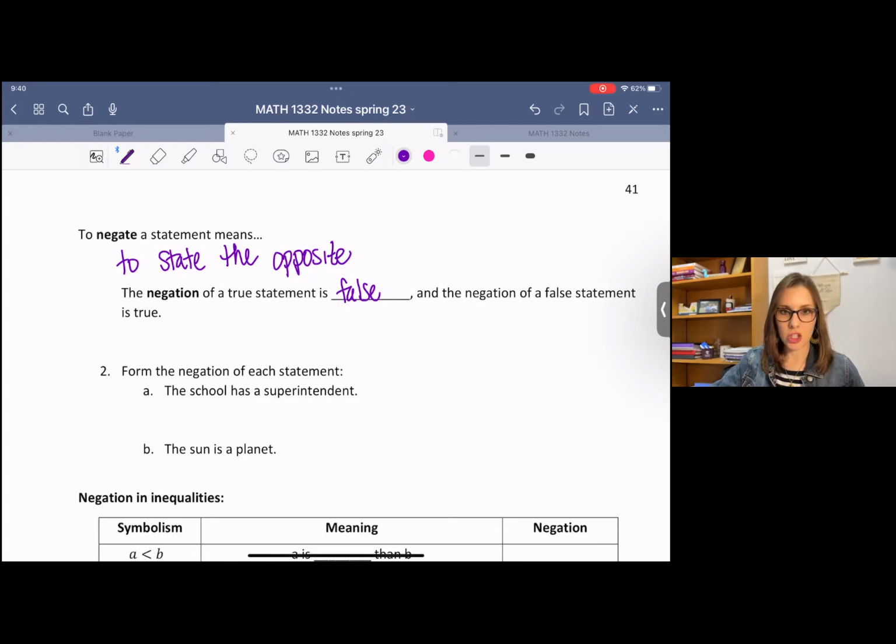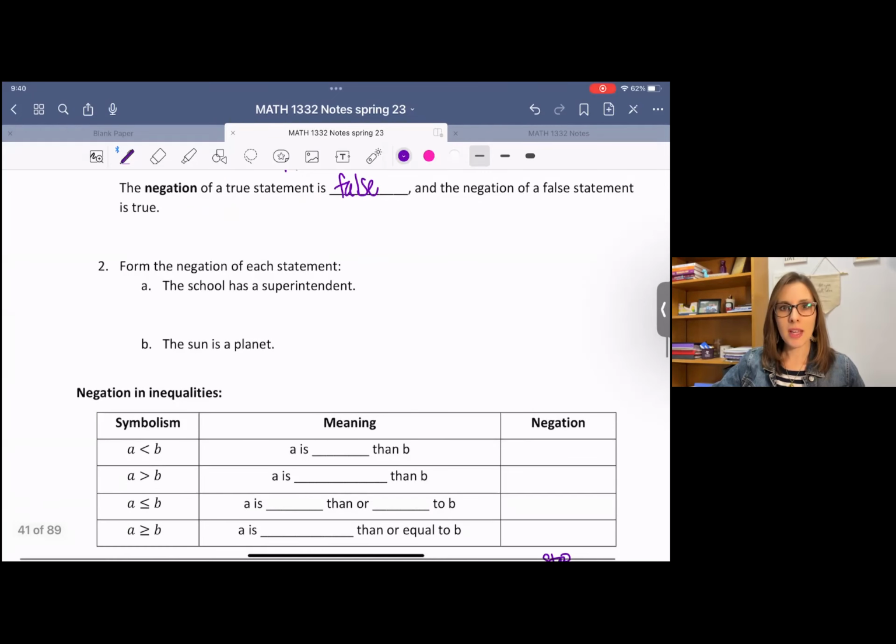So let's form a negation of each statement below. The school has a superintendent. You want to focus less on the nouns; we don't want to change superintendent to principal.